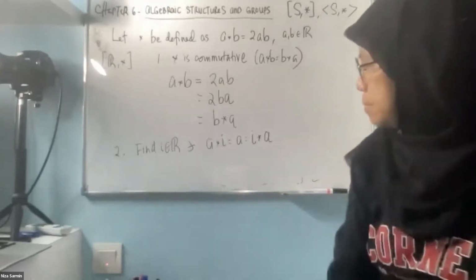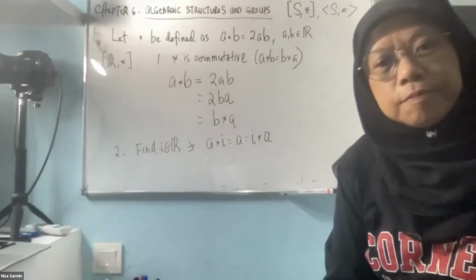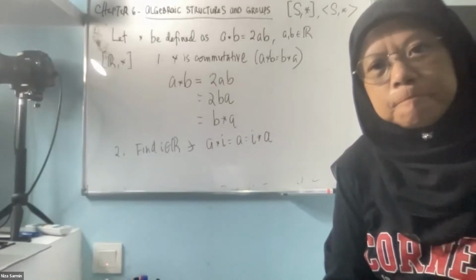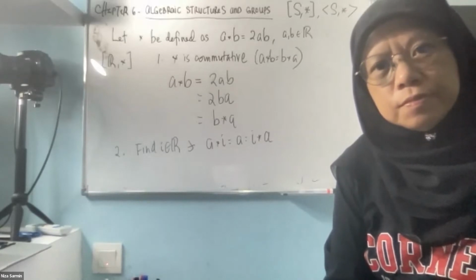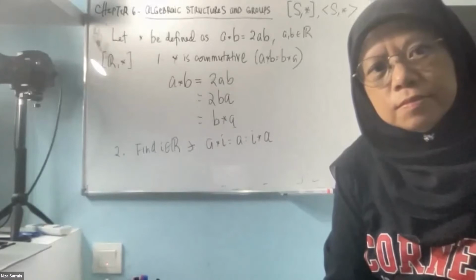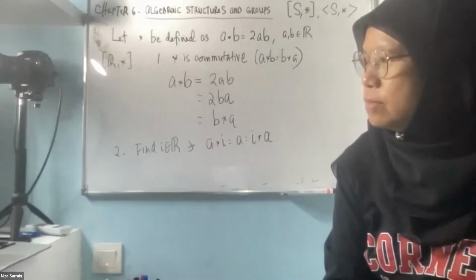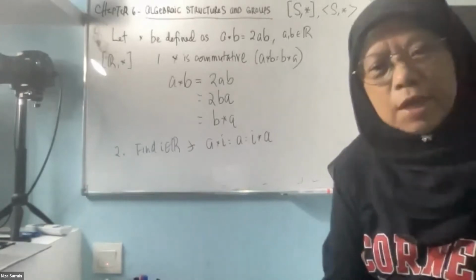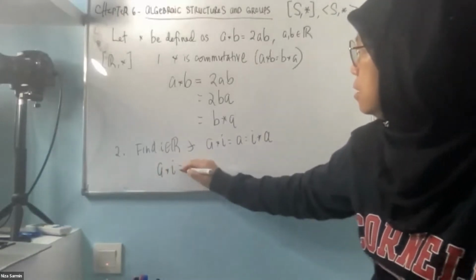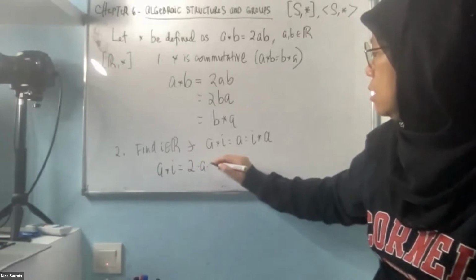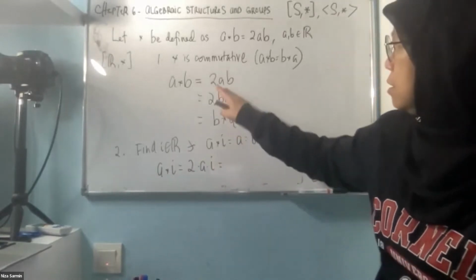What's the answer? Anyone? A star I is 2 times A times I, right?